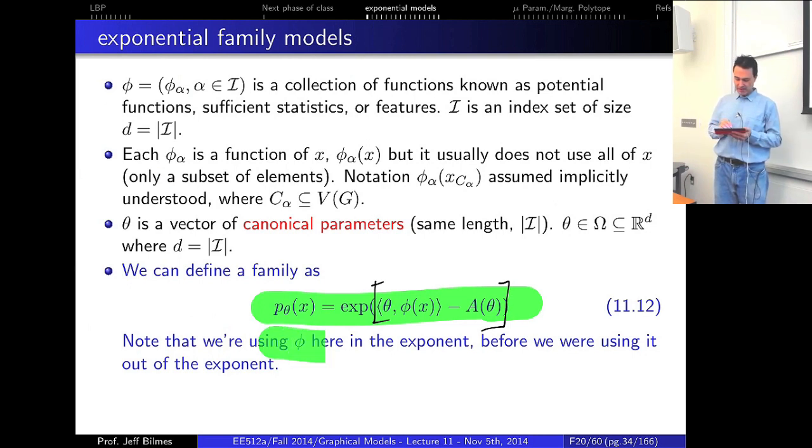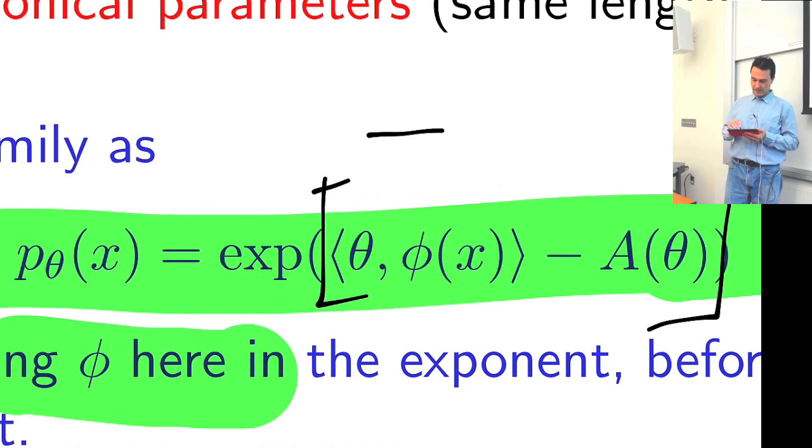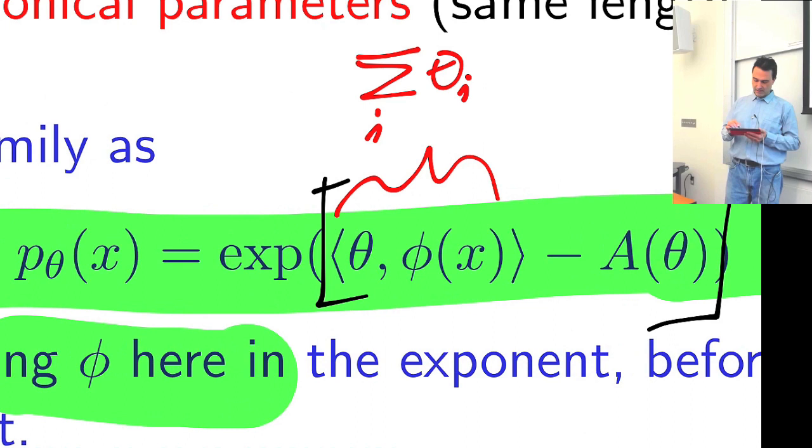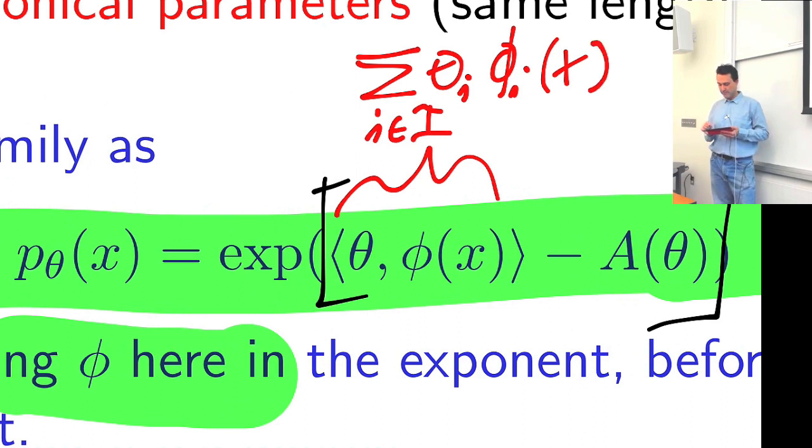Now, one thing to note here is that in the past, we used phi as a factor outside of the exponent. Now we're using it inside of the exponent, where it's involved in a dot product. The other thing that you might wonder about is this expression here. This is just the inner product. So it's the sum over I of theta sub I, phi sub I of x, where I is in script I, or alpha, whatever, it's just some index variable.